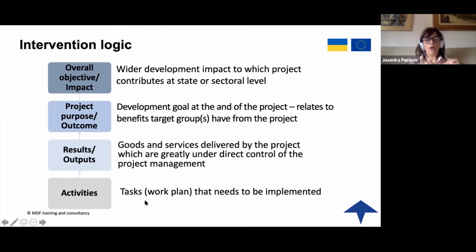Perhaps some of these things I have been repeating over and over again, but this first column is regarded as the intervention logic. Activities lead to the results, outputs, then the results lead to the project purpose, and the project purpose to the overall objective.